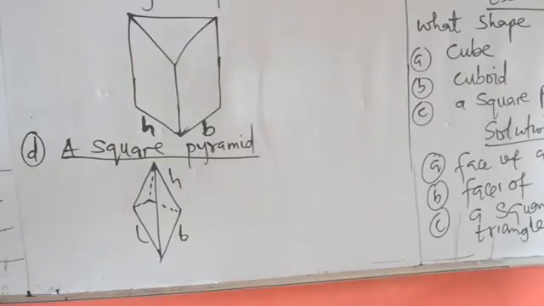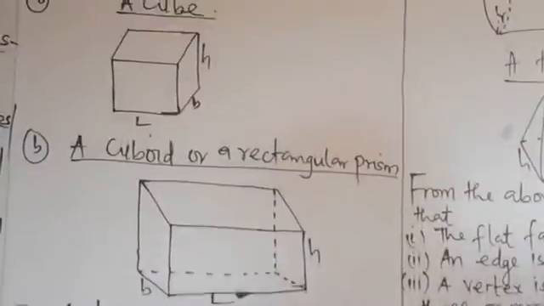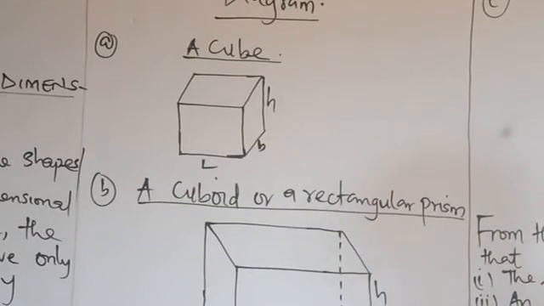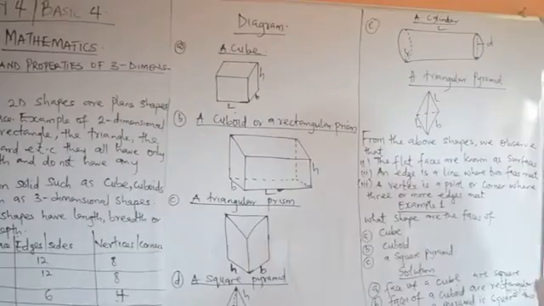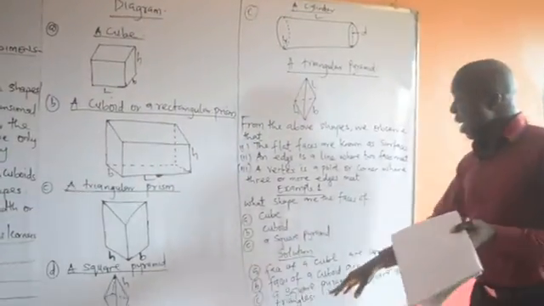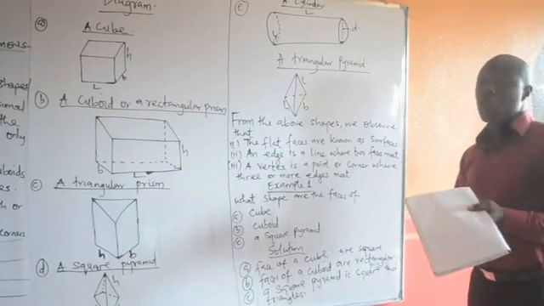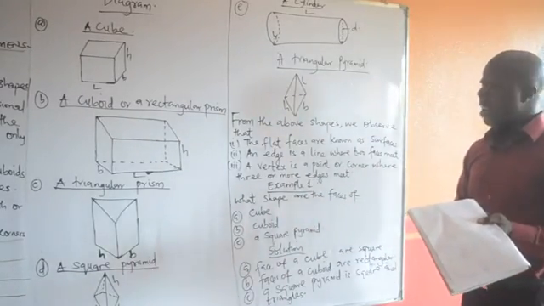So the face of a cube is square, while a cuboid has a rectangular face, and a square pyramid has square and triangular faces.